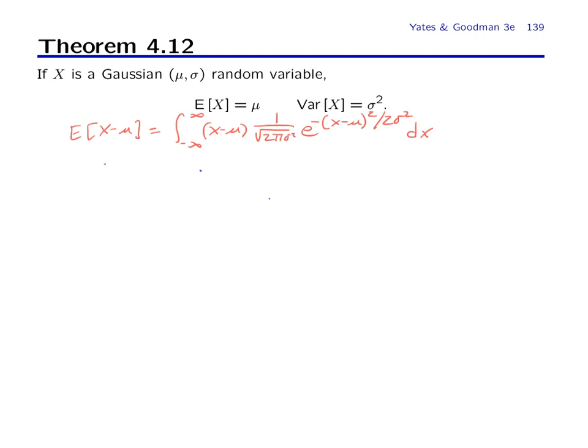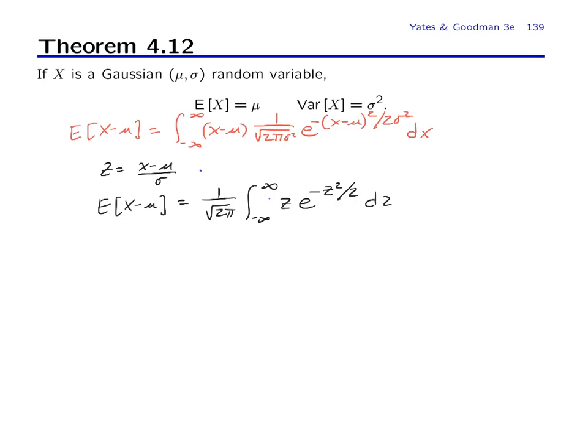With the substitution z equal to x minus mu over sigma, we obtain E of x minus mu is equal to 1 over square root of 2 pi, integral from minus infinity to infinity of z e to the minus z squared over 2 dz.